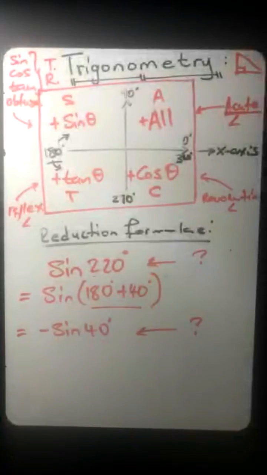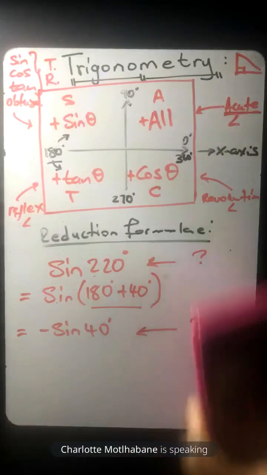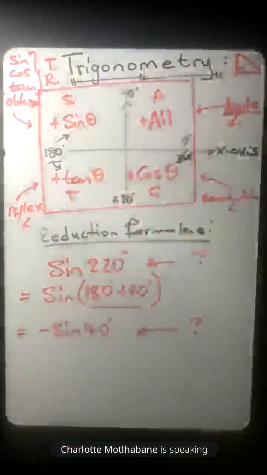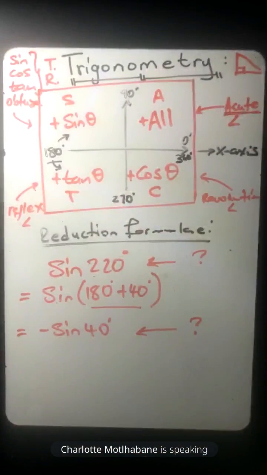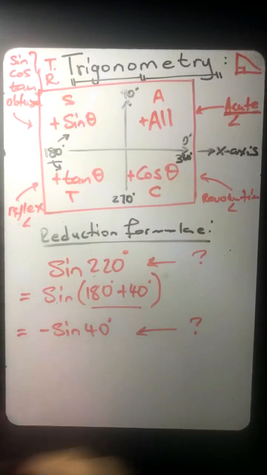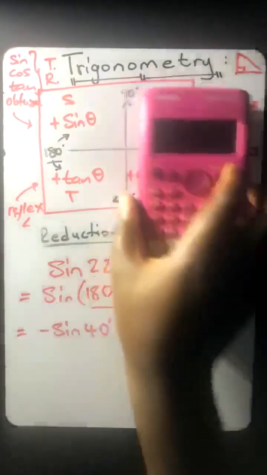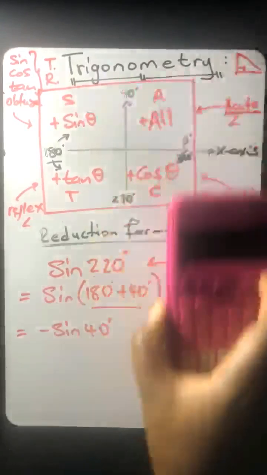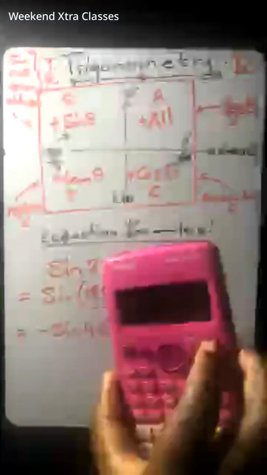Then it means something is wrong. Let me quickly check. No, it's the same number. They are both negative. It has to be the same. I'm just wondering what the honorable member could have got. Maybe let me say this, Sean: at all times, make sure your calculator is in degrees.